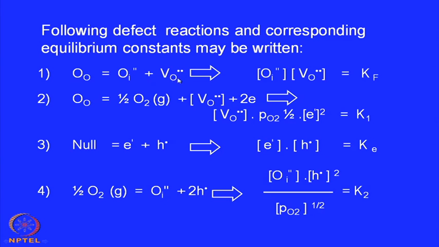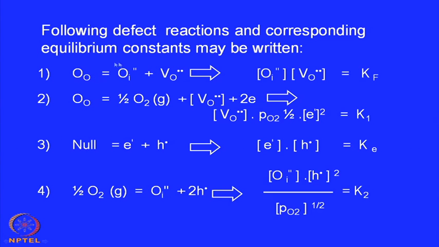So, this is one kind of equilibrium: oxygen at an oxygen lattice site can go to an oxygen interstitial site, and once it leaves the lattice site, this becomes a vacancy. Physically, the mass goes to the interstitial site, and consequently there will be oxygen vacancy.